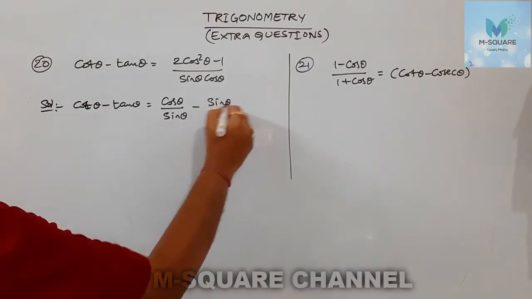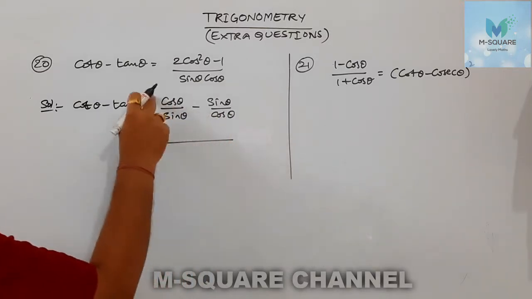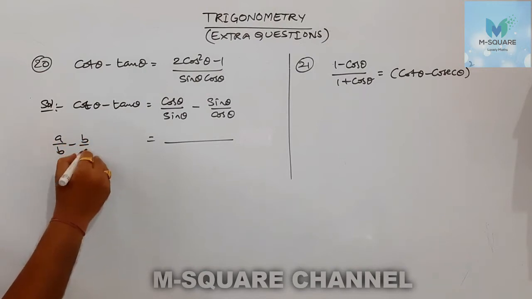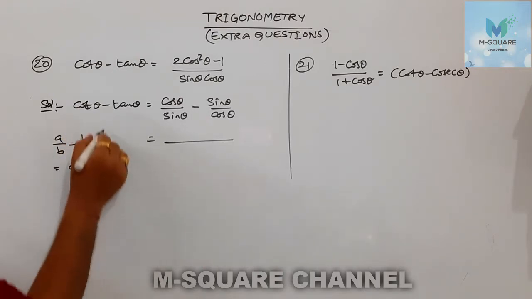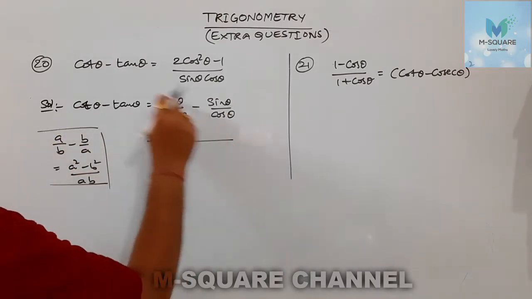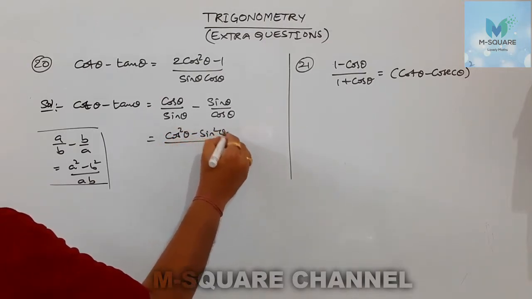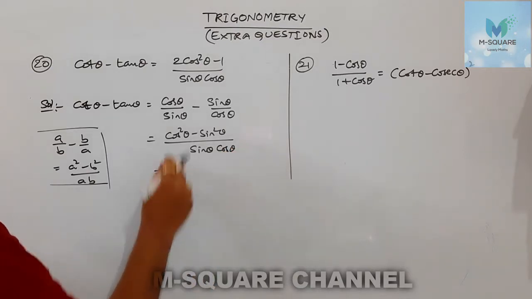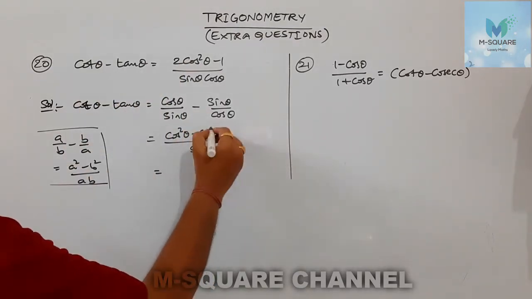So sin theta by cos theta. Already I explained: a by b minus b by a equals (a square minus b square) by ab. This is the formula we are using. So cos square theta minus sin square theta by sin theta cos theta. Here 2 cos square theta is there, so remove the sin square theta here. How?